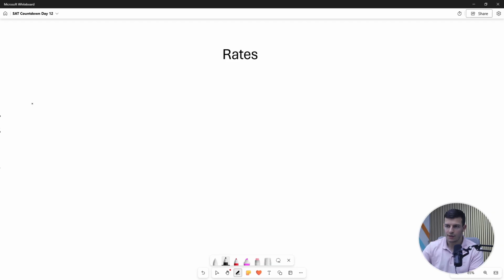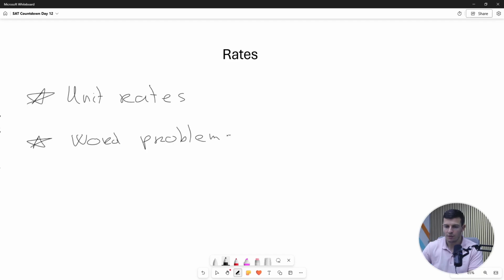First one is unit rates, like the one I mentioned, miles per hour, or how many gallons of diesel you burned per mile, something like that. And the second one is applying rates in word problems. We're going to have some questions about that as well.